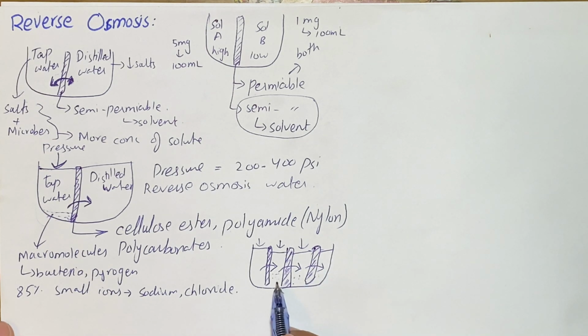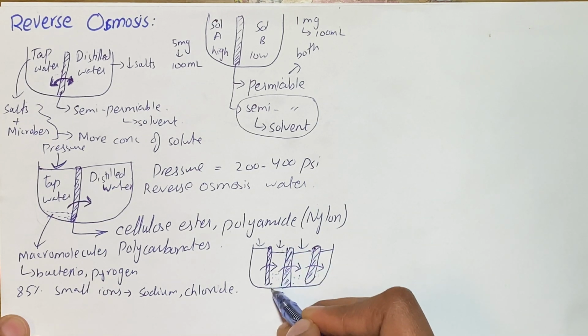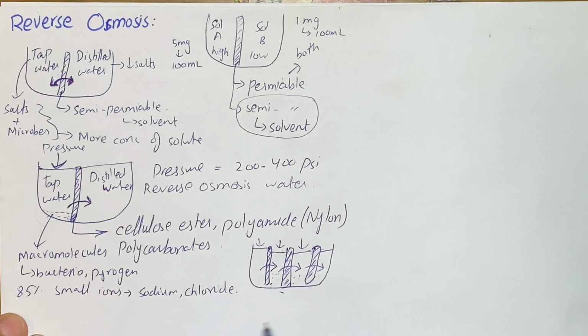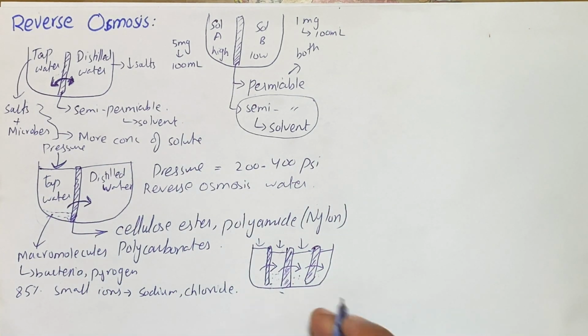So in this way there are more chances of entrapment of those small ions. So we are having much more pure water, and the process is very efficient because of the installation of a series of semi-permeable membranes which facilitate more removal of such small ions.